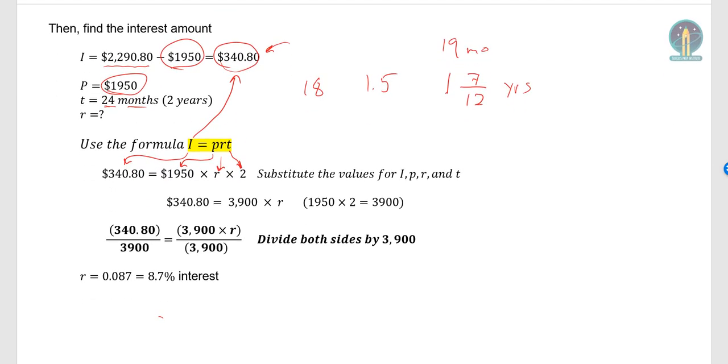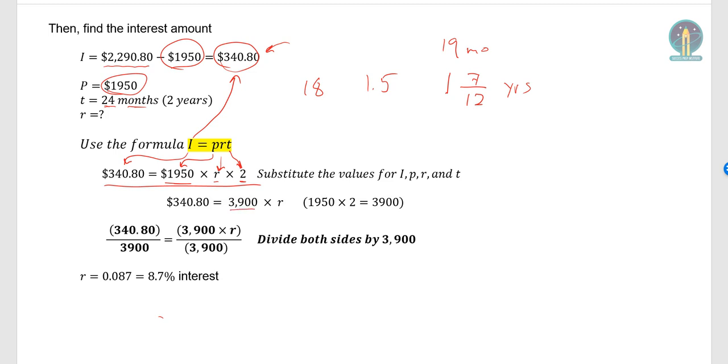So now, the goal is to isolate the R, which is the unknown, to one side of the equation. We have 1950 times 2; you can multiply the like terms, since both of these are just constants.